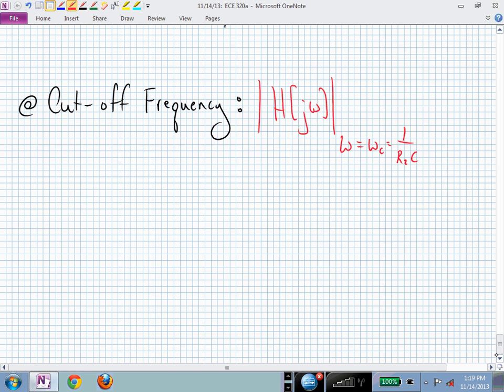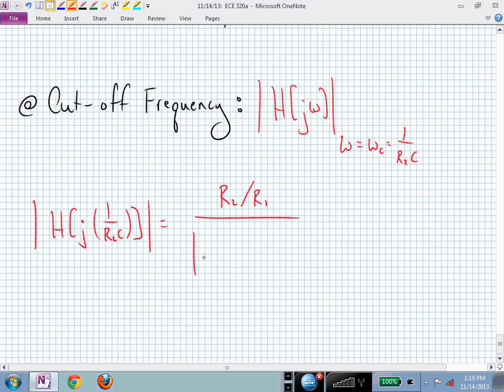But let's now evaluate this at that frequency. This was now H of j 1 over R sub 2 C. But the magnitude is now R2 over R1.